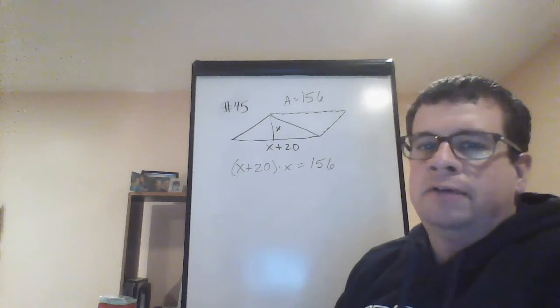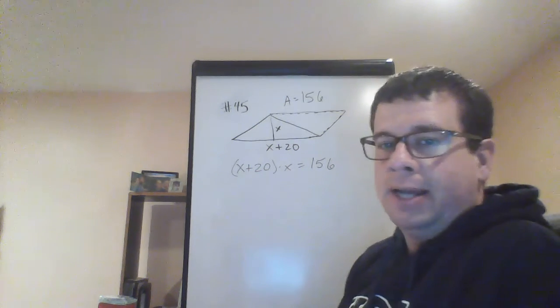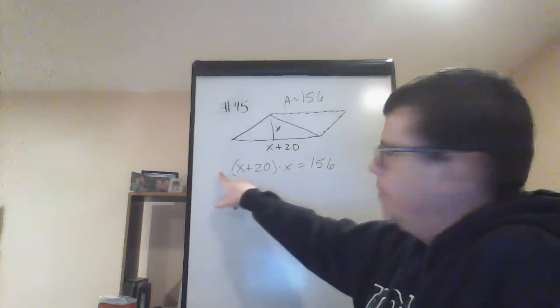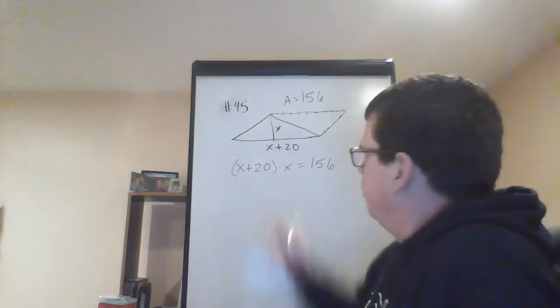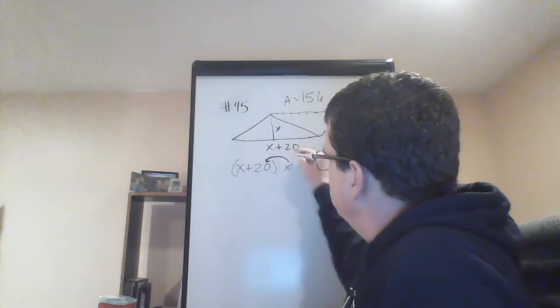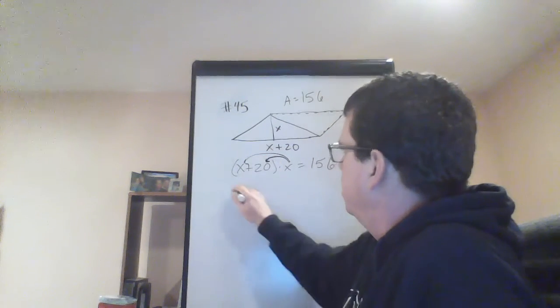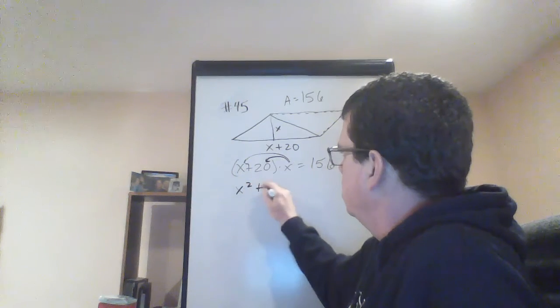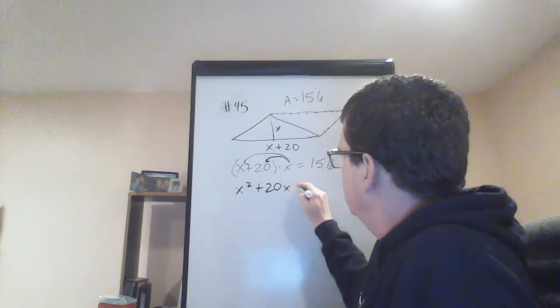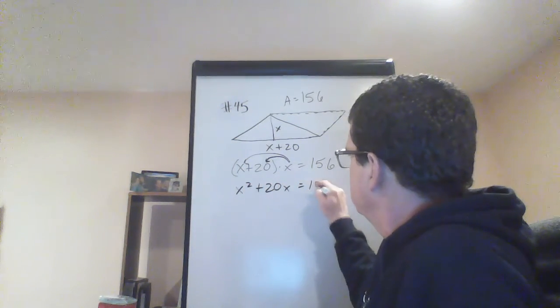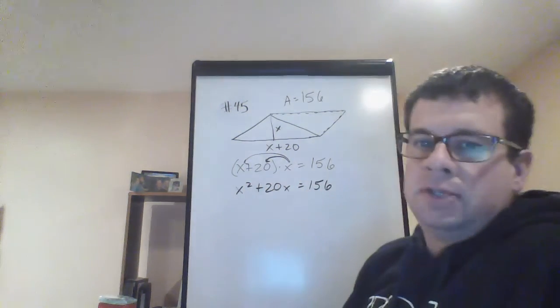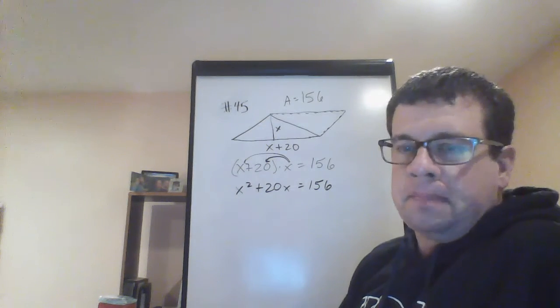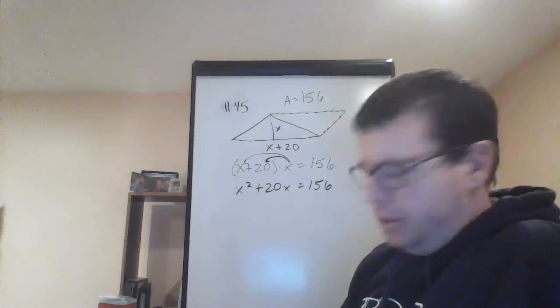So as I look at the left-hand side, again, I've got to distribute. Normally we have that x in front, but I can distribute this way as well. So I distribute that x here, and that gives me x squared plus 20x equals 156. So now I've got it written more as a polynomial.